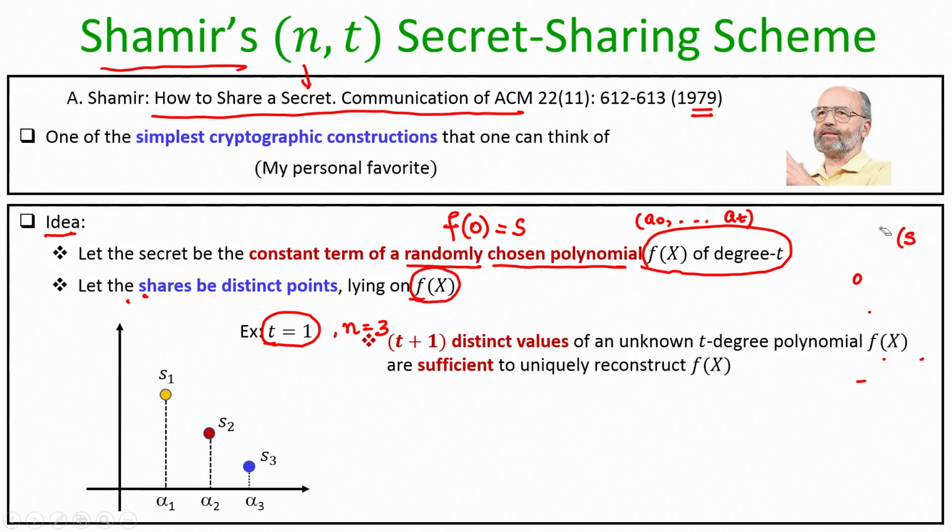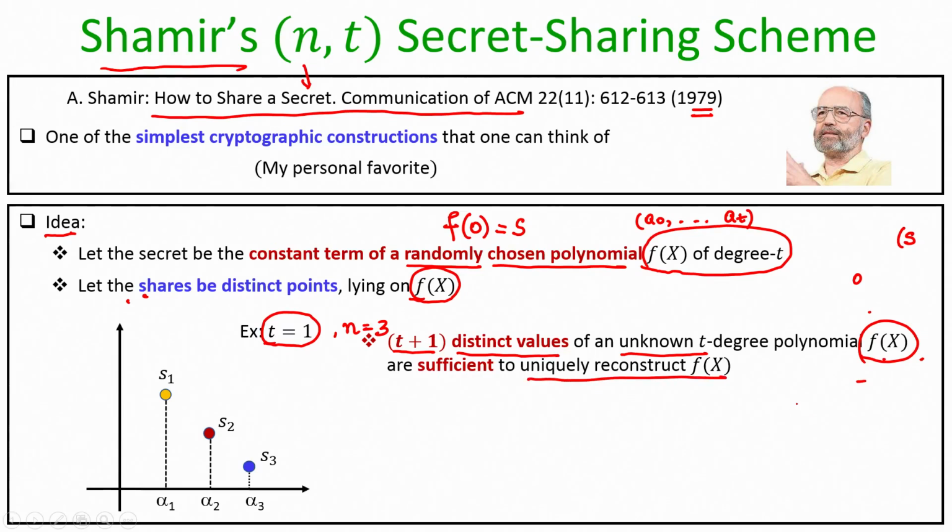Since the dealer's polynomial f of x, which was known only to the dealer, is unknown and its degree is t, it follows from fundamental properties of polynomials that if I give you t plus 1 or more distinct values of the polynomial, then you will be able to uniquely reconstruct your polynomial.